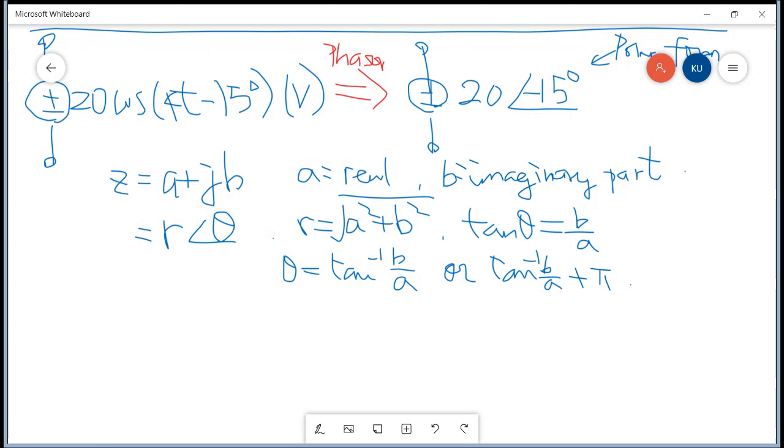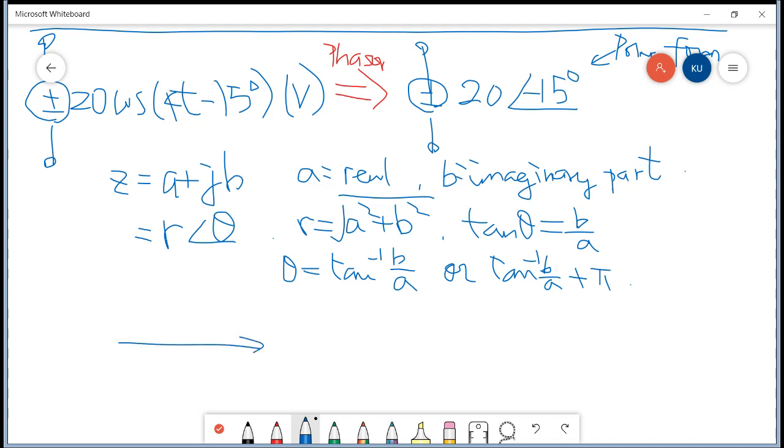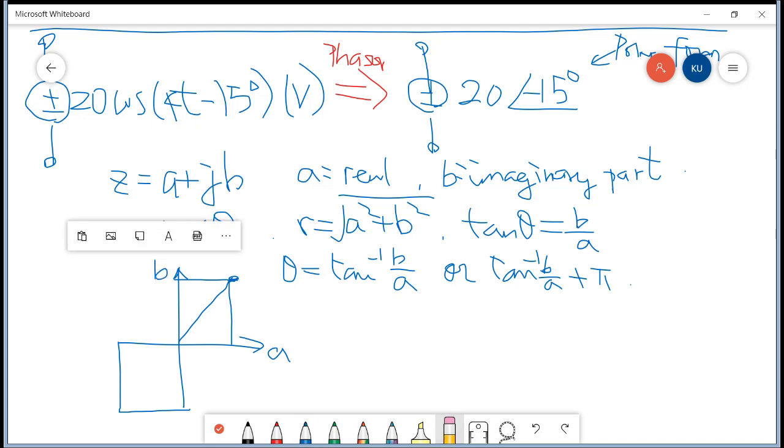Because the period of the tangent function is pi, suppose, for example, let us draw this.